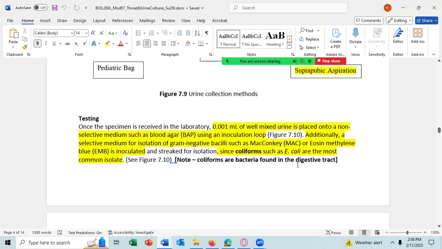And they specifically grow on MAC or EMB because the coliforms are all gram-negative, and MacConkey's and eosin methylene blue select for gram-negatives. They're called coliforms because these bacteria are found in the digestive tract, in the colon as part of the digestive tract.